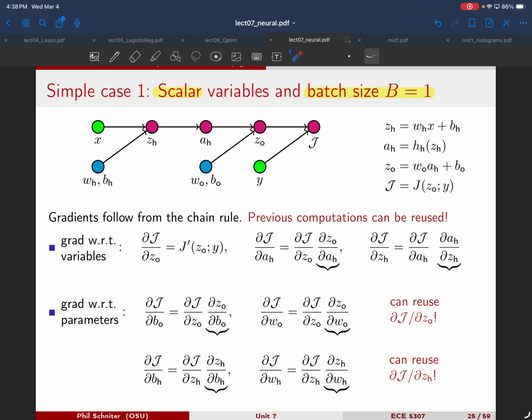In the forward pass, we started knowing only this stuff, but we did the work to compute each of these variables in turn, and so now we know them as numbers. So when I do dJ dZO, I want to take the derivative of this function at the ZO that I computed in the forward pass. I'm just going to call that J prime. J prime just means the derivative of this J function with respect to the first argument evaluated at the ZO that we computed previously.